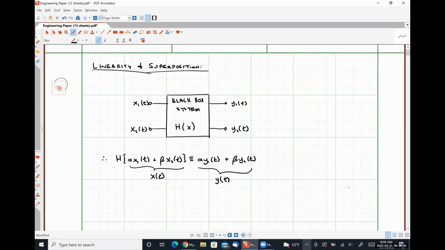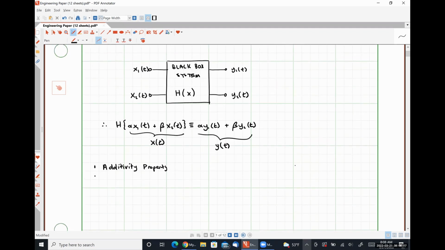All right. The first of which is the additivity property, and the second of which is the homogeneity or scaling property.